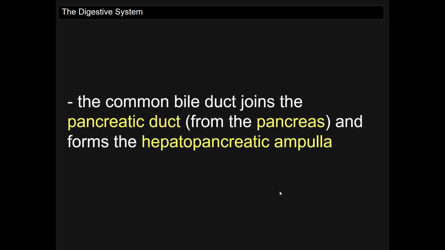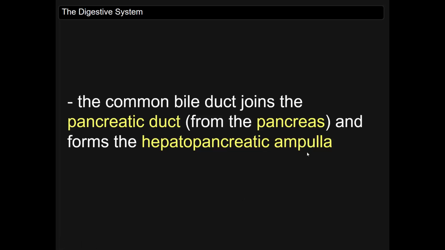So hepato, we got the tube coming from the liver, that's our common bile duct, and then pancreatic duct coming together. So hepatopancreatic ampulla is in the head of the pancreas, and that has another name, and that is ampulla of Vater.